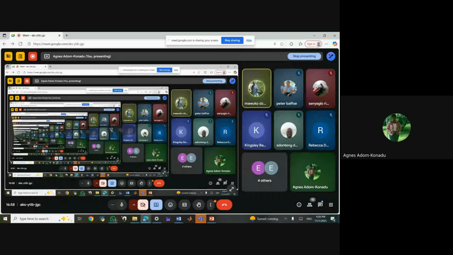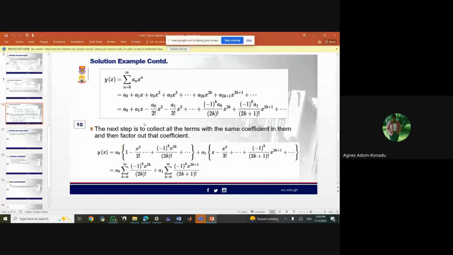Okay, it has come now. So as I was saying, the even ones can be written as a2k, and then you have minus 1 to the power k and a naught divided by 2k factorial, where k is 1, 2, 3. So all the even ones will have the numerator to be a naught. And the odd ones, we know that odd numbers can be written as 2k plus 1.